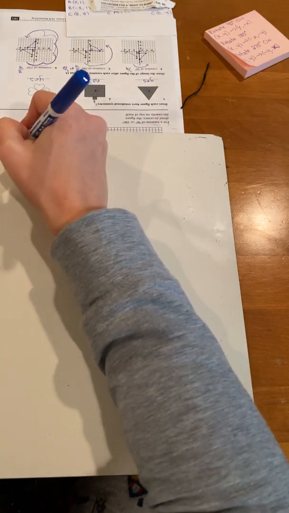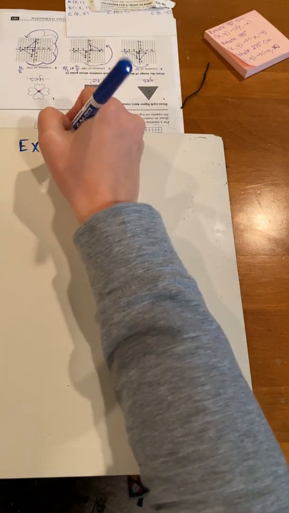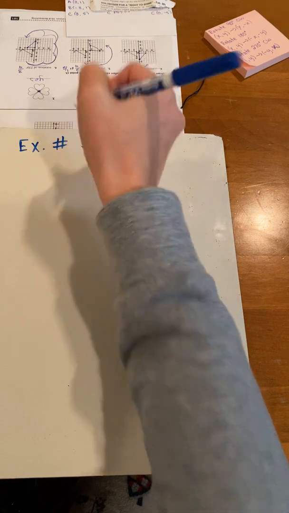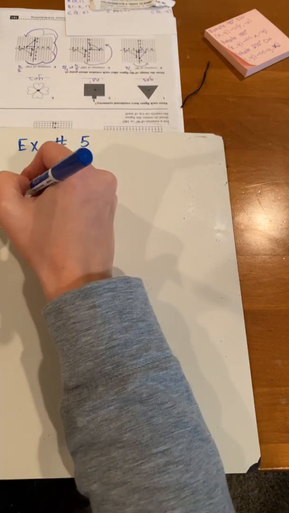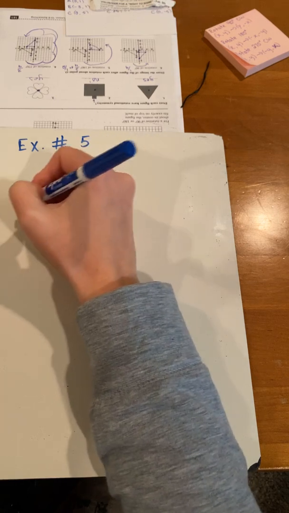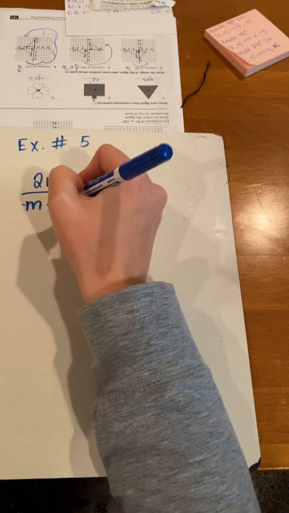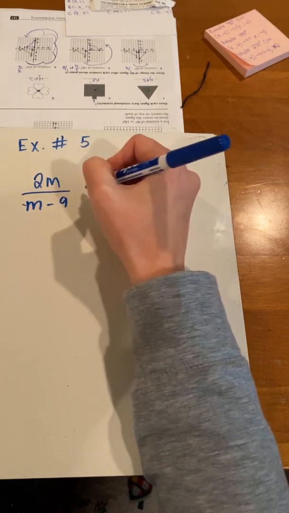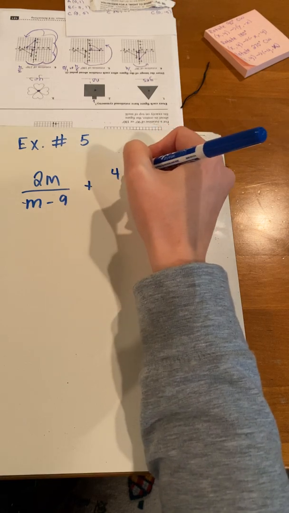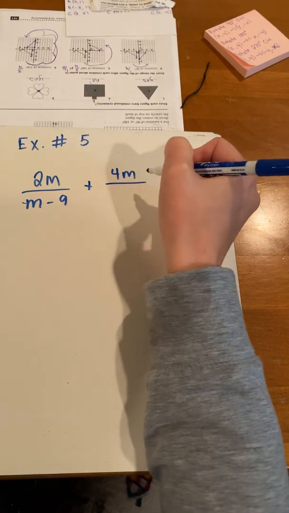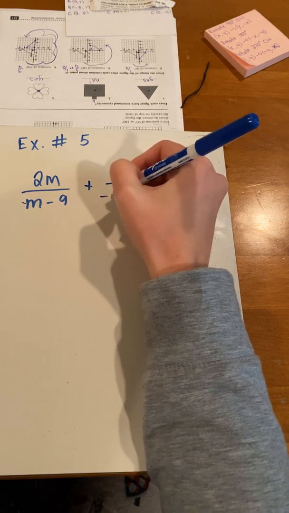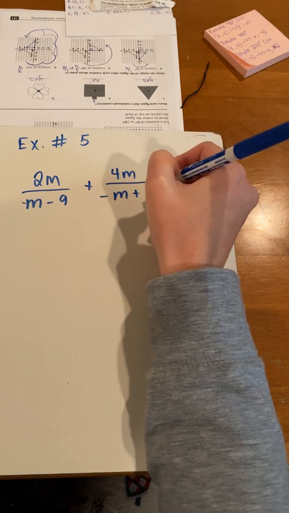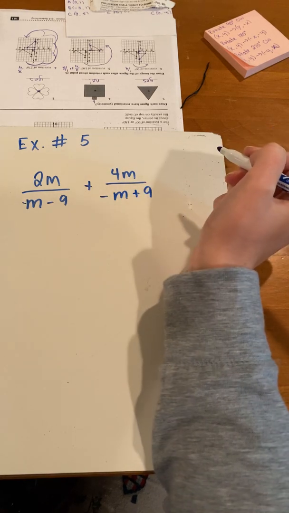So for example number 5, we have 2m over m minus n plus 4m over, I'm going to rewrite it so it's in the same order, but negative m plus n.